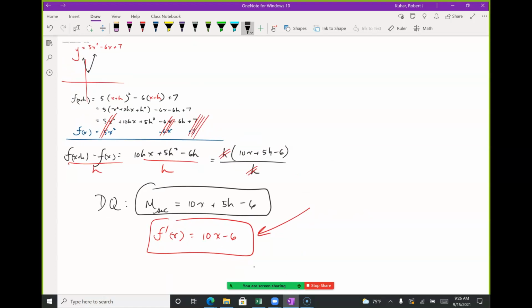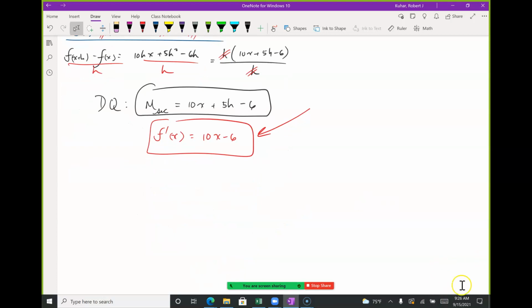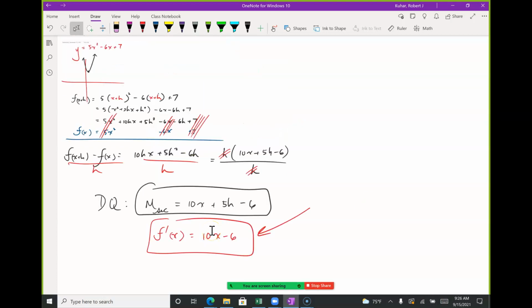All right, we're ready for the next part of this question. We found our difference quotient. Sorry, Professor, where did the 5h go? The red box is Calc 1, but let me clarify. F prime of x, called the derivative, is the limit as h goes to 0 of that secant slope.